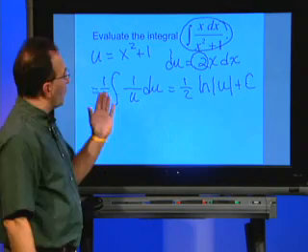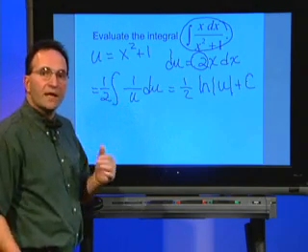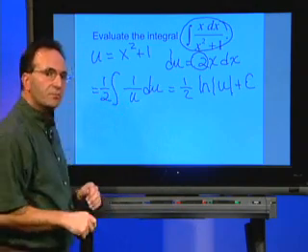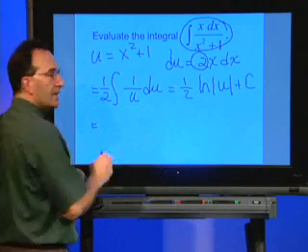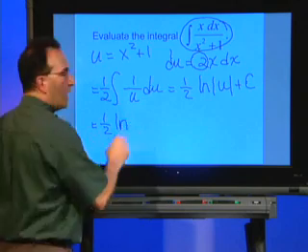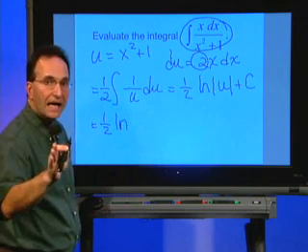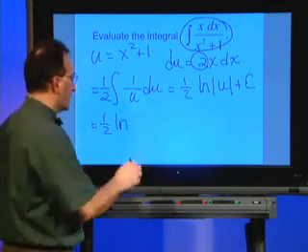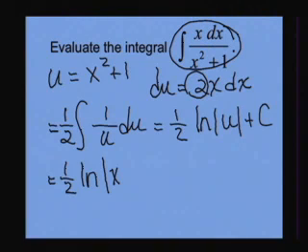However, we have made a substitution, and we need to resubstitute back in, so it would be equal to 1/2 the natural log of the absolute value. Remember, we said earlier that we have to make sure that we're taking the natural log of a positive number, plus c.